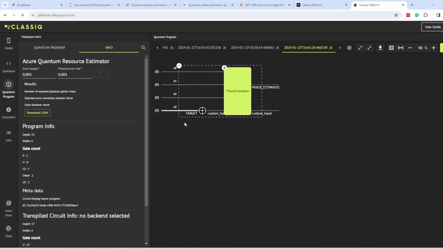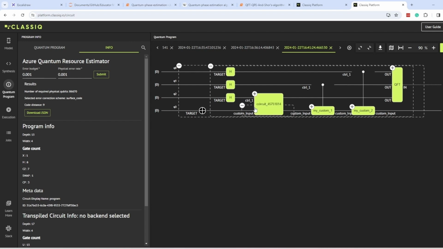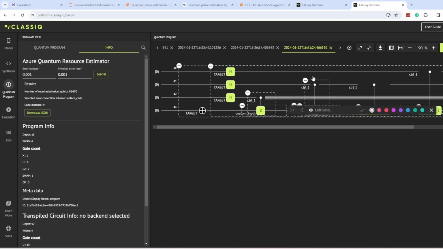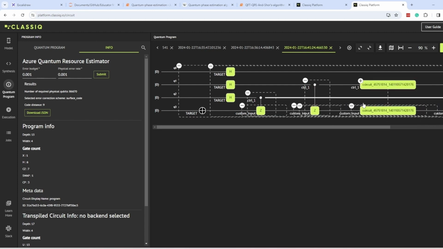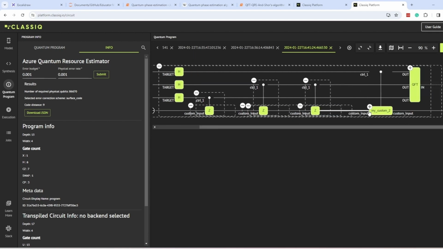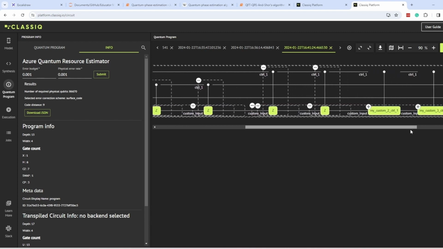So this is our input state 1, and these are the evaluation registers. First we apply the Hadamard gate, then as we discussed we will apply the Z gate 1 time, 2 times from the second one, and then 4 times from the third one.